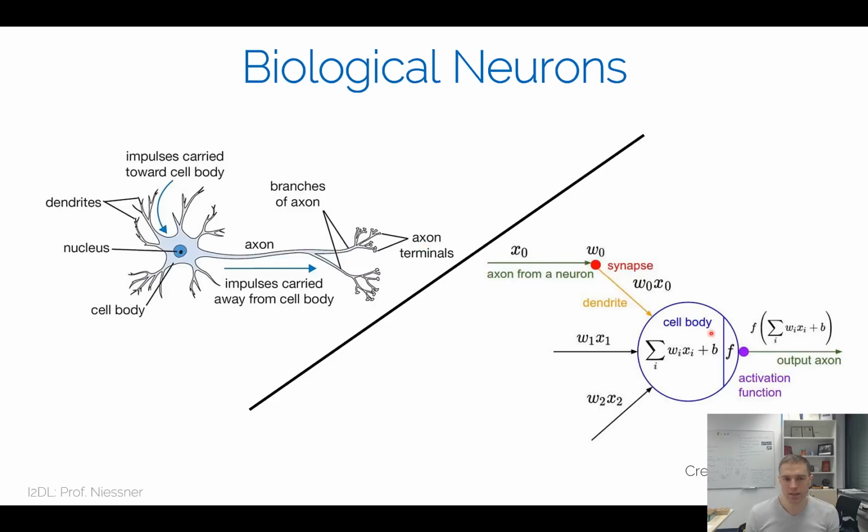So what we just learned here is kind of similar, right? In these artificial neurons, we have a cell body. This is our linear part. We have f as our activation function in the output. So in a sense, we're mapping what the biological neurons do, and we're trying to have a mathematical model for a neuron. We're kind of imitating what neurons in the brain are doing.